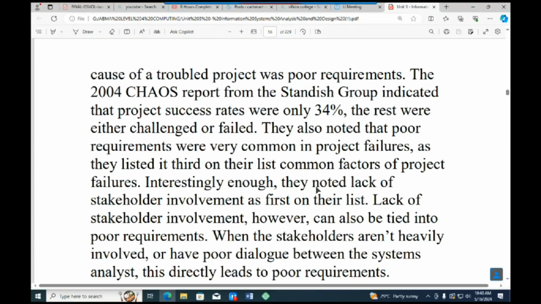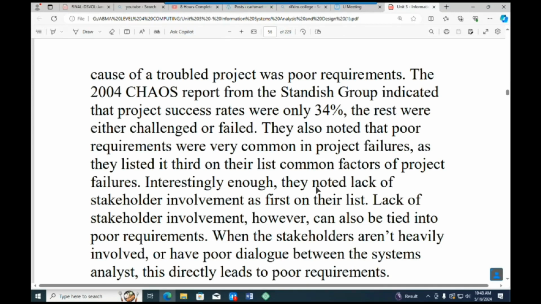They also noted that poor requirements were the most common cause of project failures. We have a bigger percentage of projects failing, and according to the 2004 CHAOS report, the most common reason was poor requirements.